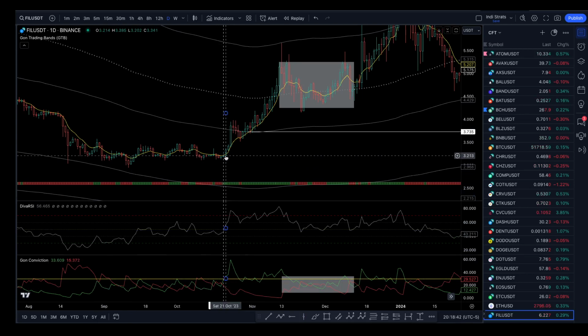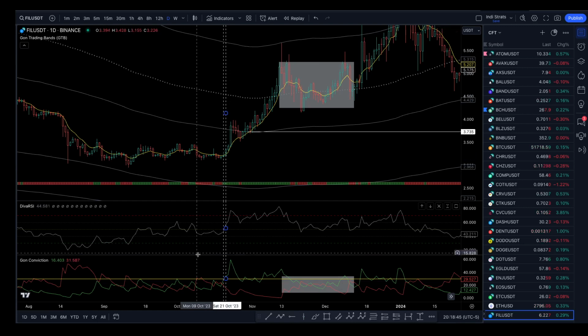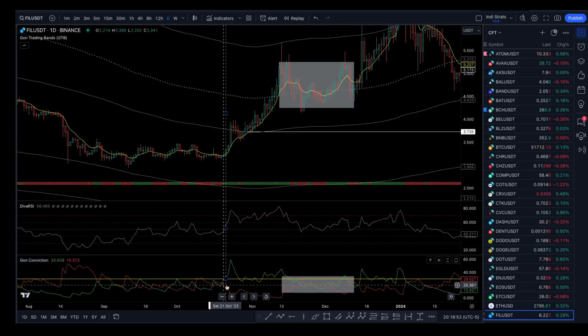Between these two candles the price hasn't moved that much, but bullish conviction has moved above the threshold of 30. You can see the number here: it's 33.6. Here it was still 28.14.